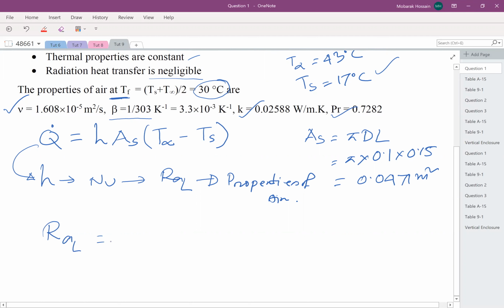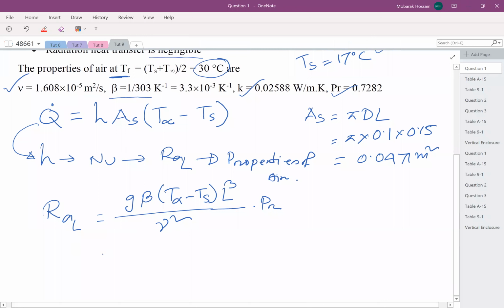Now we can calculate the Rayleigh number from this formula: gravitational acceleration, beta, temperature difference, then length cubed, times Prandtl number over the viscosity squared.